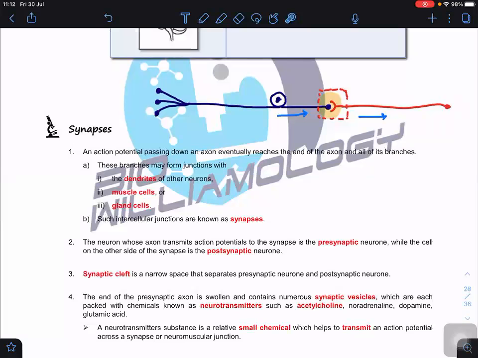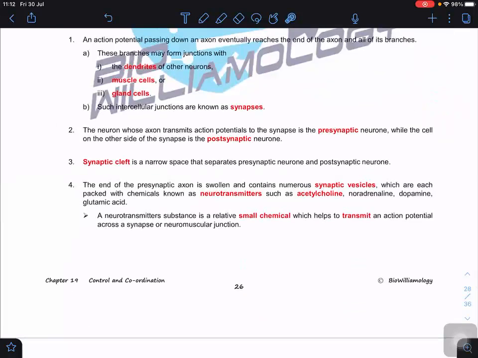Later we have the words presynaptic membrane and postsynaptic membrane, meaning the membranes of the neurons. The gap in between the pre and postsynaptic neurons is called the synaptic cleft, a narrow space that separates them.